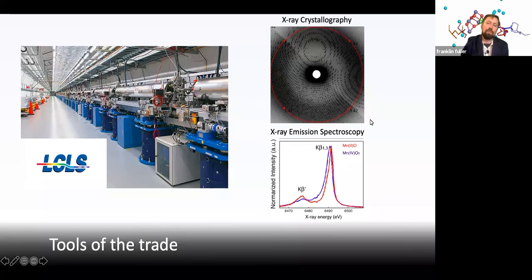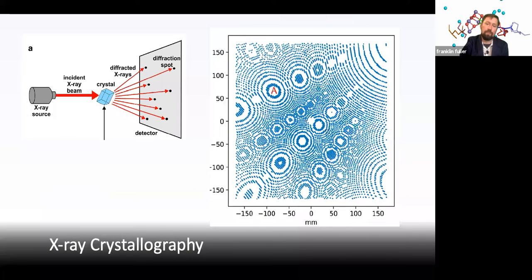But first, I want to talk about these 2 methods, X-ray crystallography and X-ray emission spectroscopy, and how they help us understand this photosynthetic process a bit better. One of the main goals in order to understand photosystem II is to have an atomic level picture of what's going on. The slide I just showed you of the whole structure was created using this technique called X-ray crystallography.